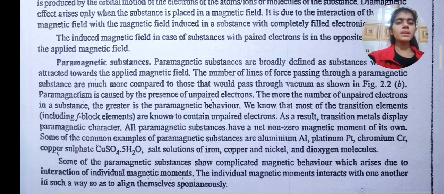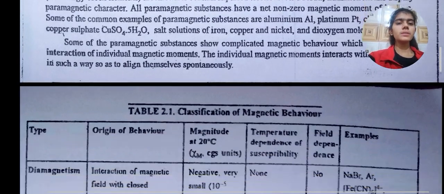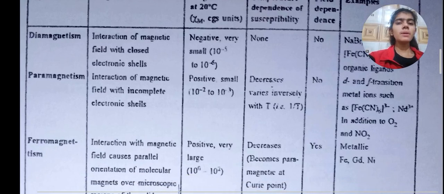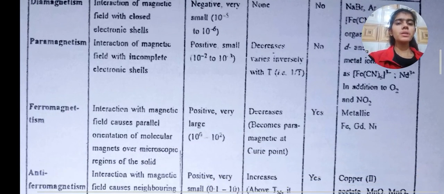Some of the paramagnetic substances show complicated magnetic behavior which arises due to interaction of individual magnetic moments. The individual magnetic moments interact with one another in such a way as to align themselves spontaneously. Here we can see the classification of magnetic behavior, that is diamagnetism, paramagnetism and ferromagnetism, and their properties.